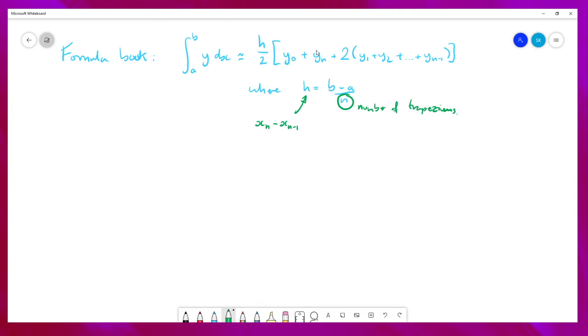Now, this formula can sometimes be confusing, and you can think of it in this way. The h over 2, as we've seen, that's just this. The y0 is the first y value. Yn is the last y value. And these, well, that's just the rest of them.